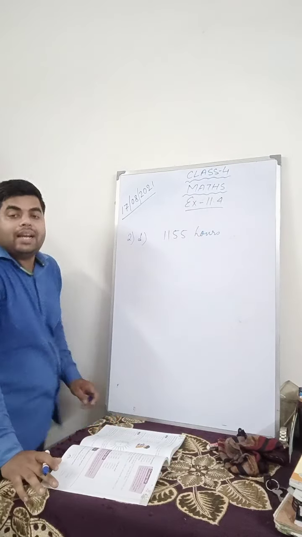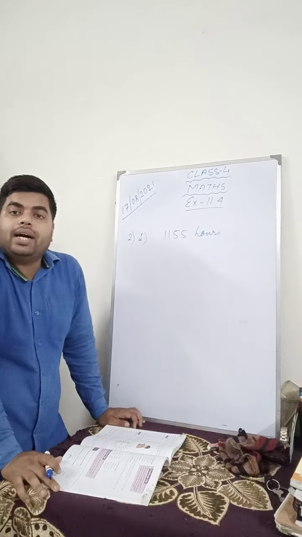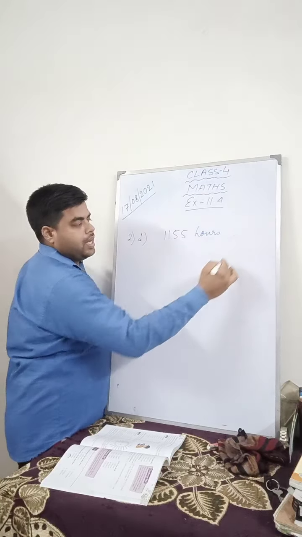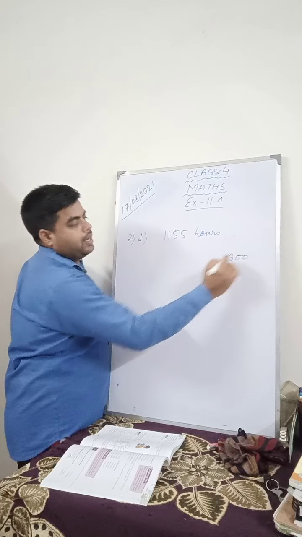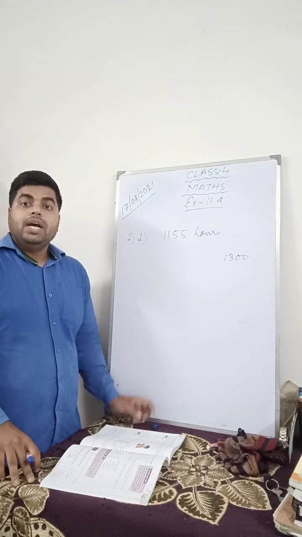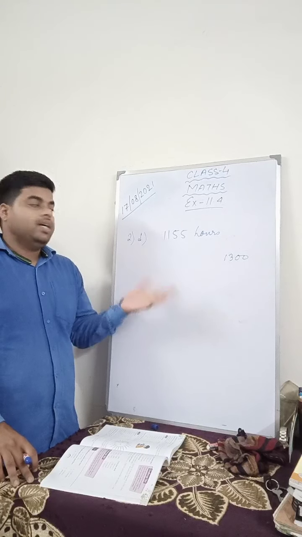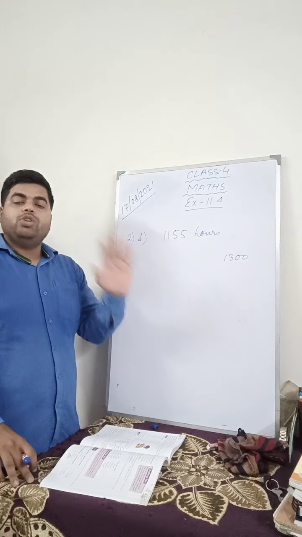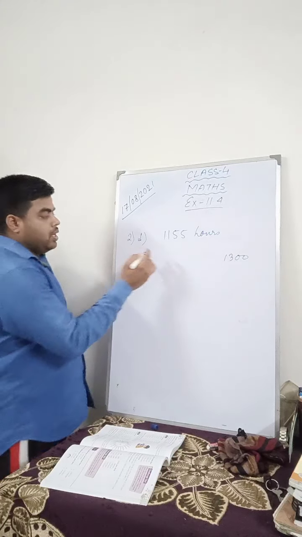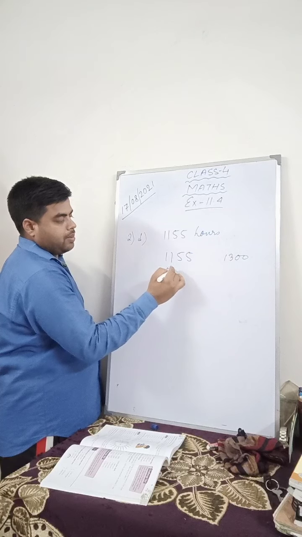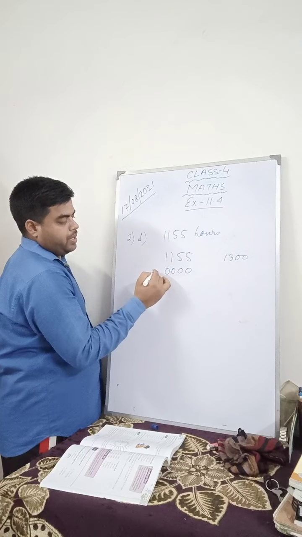If the hours they give you according to the 24 hours clock are more than 1300, then you will subtract 1200; otherwise you will subtract 00. In this case it is not more than 1300, so you will subtract 00 hours 00 minutes.